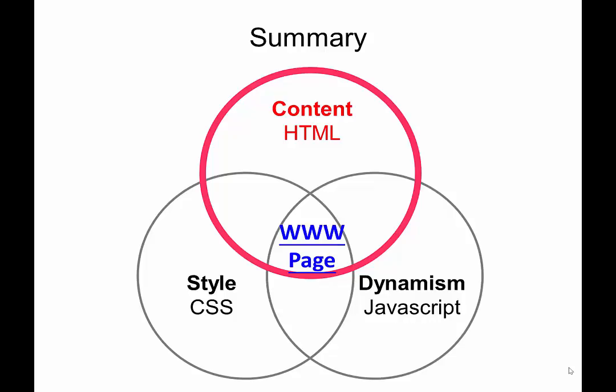Modern web pages would also have CSS associated with them for styling, but as I said, there are a lot of pages out there which don't use CSS for styling. And the third thing that it may have is some kind of dynamic action written in JavaScript. So a web page is going to be HTML, maybe HTML and JavaScript, maybe HTML and CSS, maybe all three together.